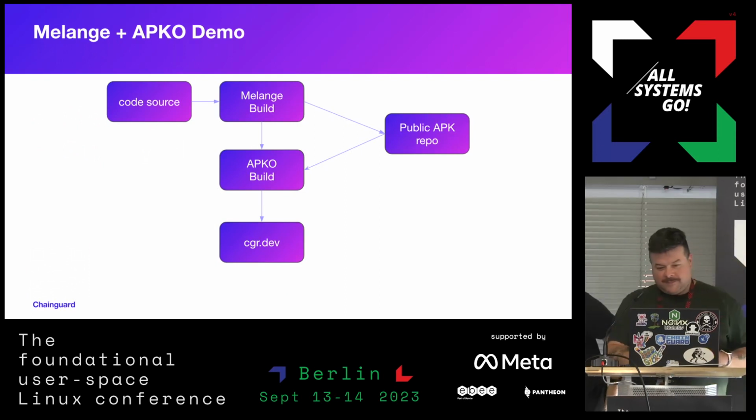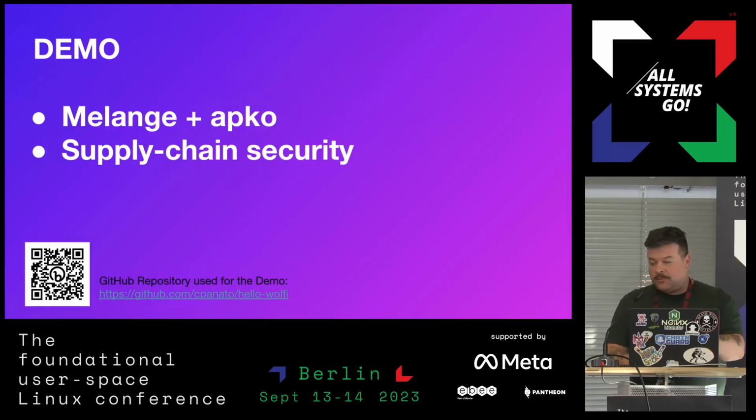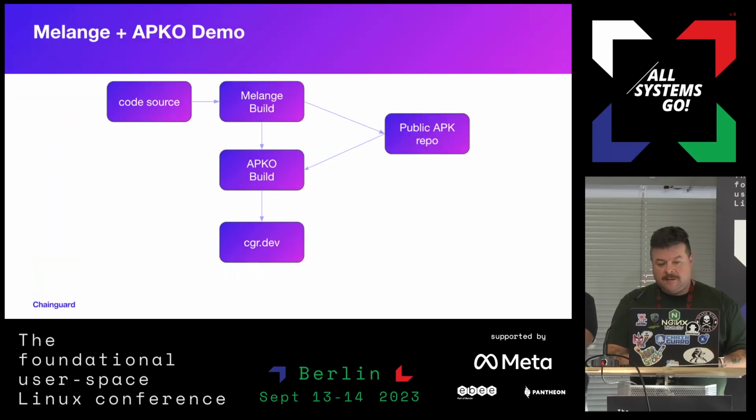This is the repository you're going to use for building the Melange and Apko image. You can scan here, or you can get it later in the slides. Basically, these are the steps we are going to do. We have the source code in GitHub. Then we're going to run the Melange build that's going to pull a specific version, release, or commit we want, and build the package.